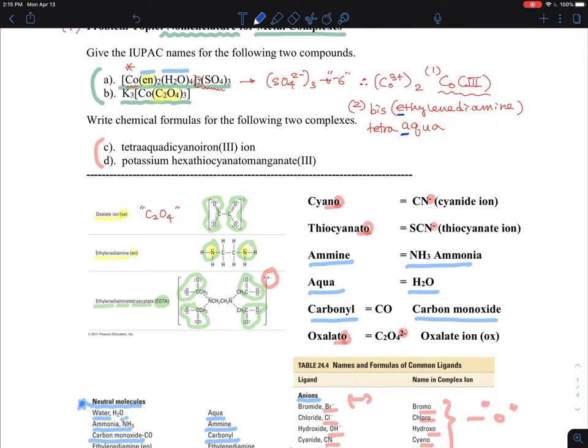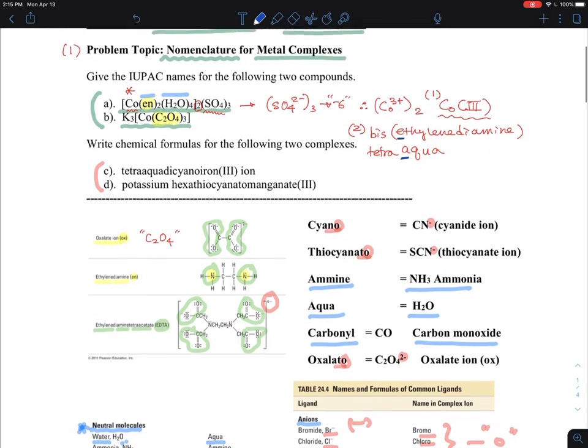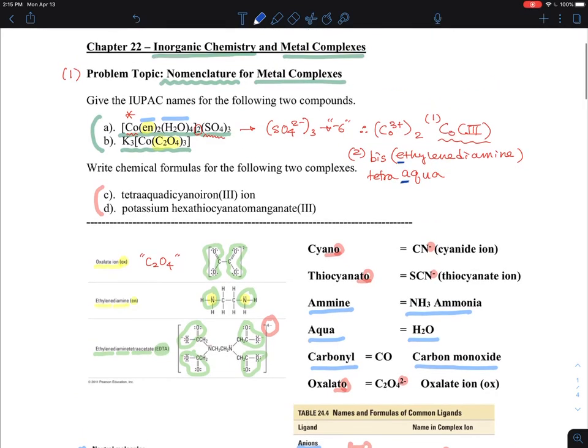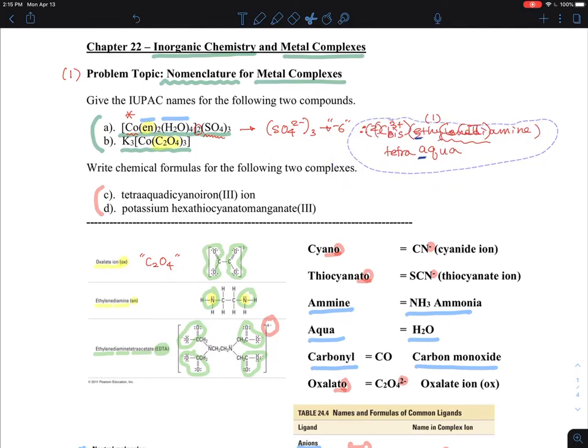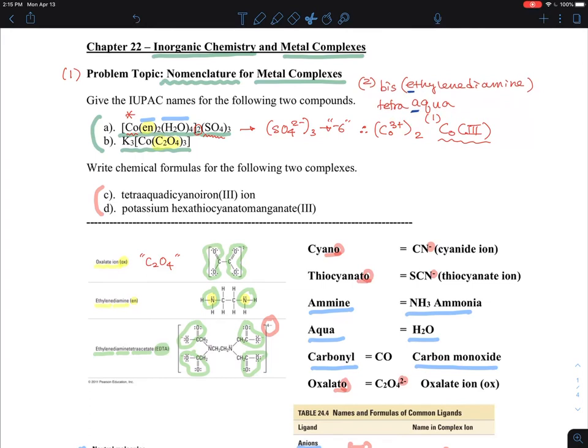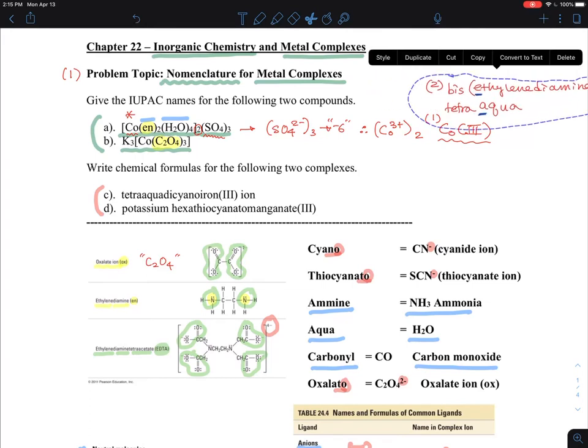So therefore, the nomenclature for this one, I think because of the spaces, I'm going to move this one up to here.